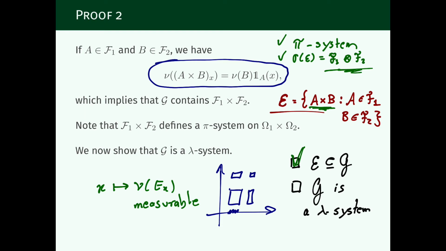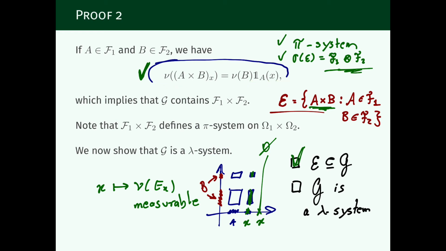This is A. This is B. If we take any point x outside A, the section is empty, so it will be 0. And if x is in A, then the section will be exactly B, and when we compute the measure, we get the measure of B, and this indicator will give 1. So this equation is correct.